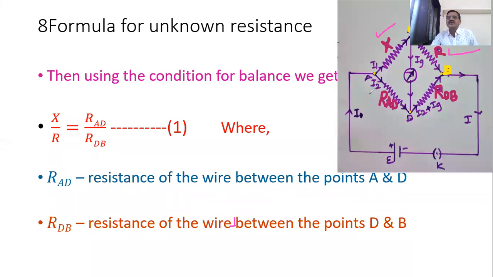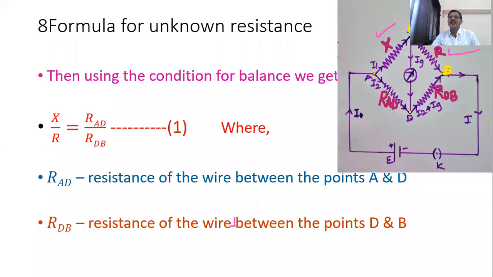And instead of the other two resistances, we have used this wire AB. Here, this part A to D, D is the null point where the galvanometer shows zero deflection. This part AD of the wire will also act like a resistance.